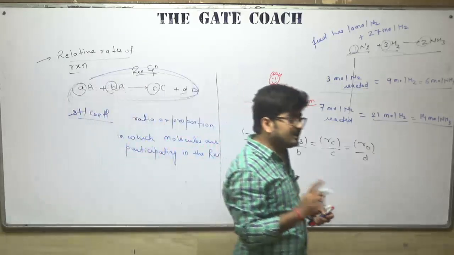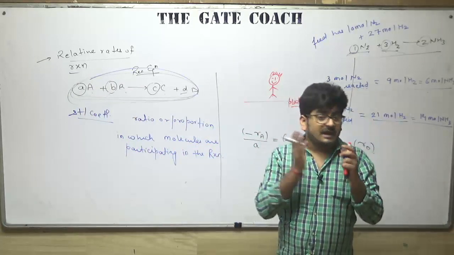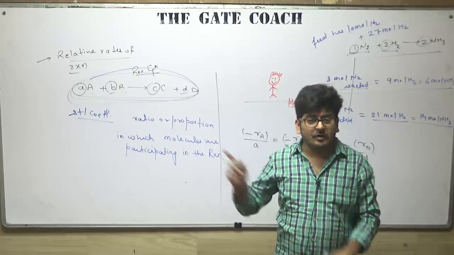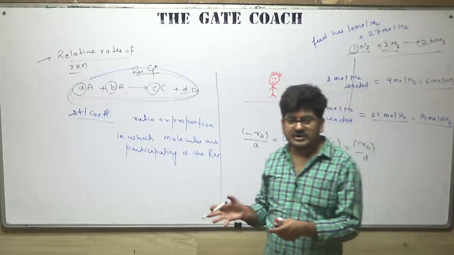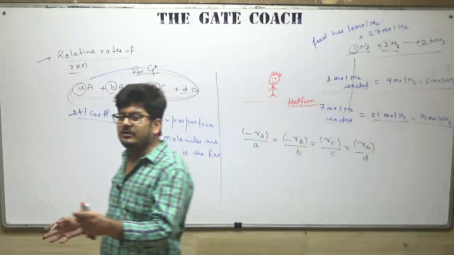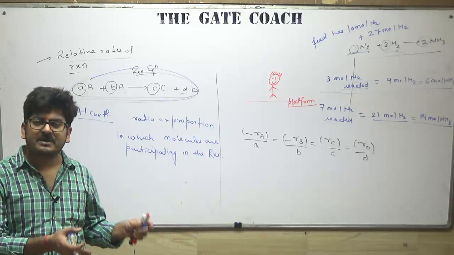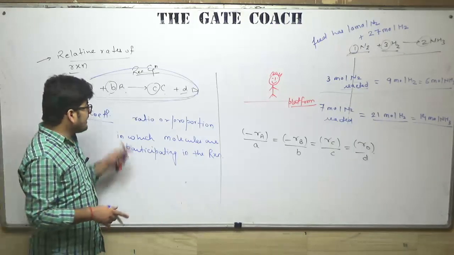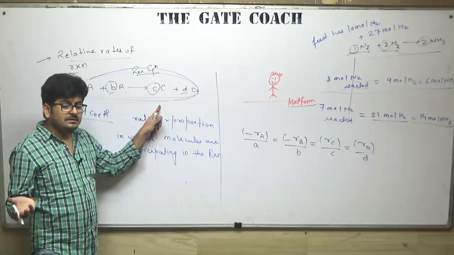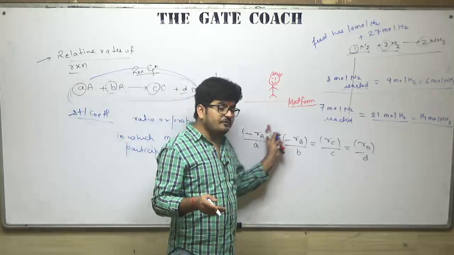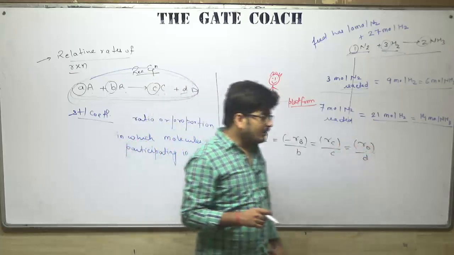So if I am talking about the rate of reaction, then the rate of reaction should be the same for all of the components. As all of us are sitting in the train, if the train is moving with a speed of 100 miles per hour, then all of us also are moving with the same speed, 100 miles per hour. Similarly, if our rate of reaction is 100, then the rate of reaction for all of these components should be 100 as well. Okay.